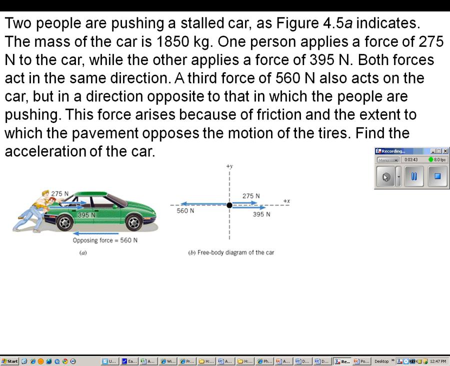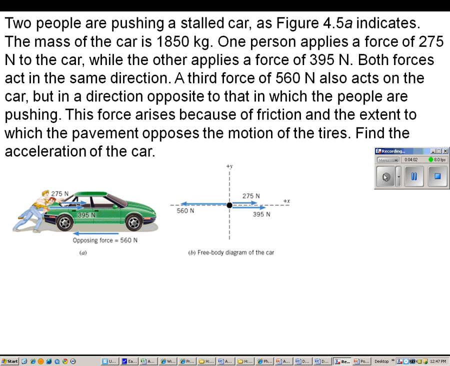Both forces act in the same direction. A third force of 560 newtons also acts on the car in a direction opposite to that in which the people are pushing. This force arises because of friction and the extent to which the pavement opposes the motion of the tires. Find the acceleration of the car.